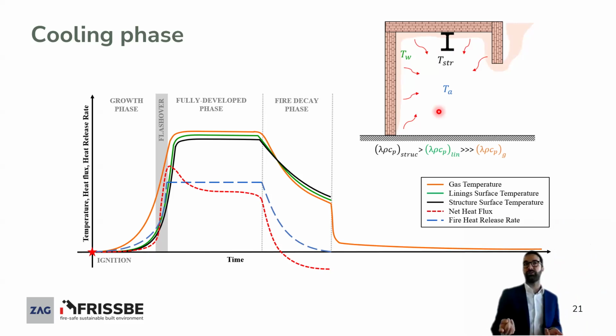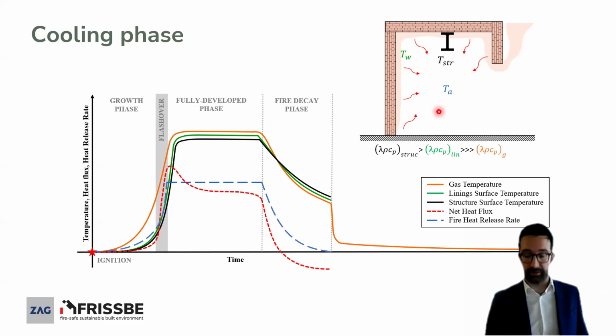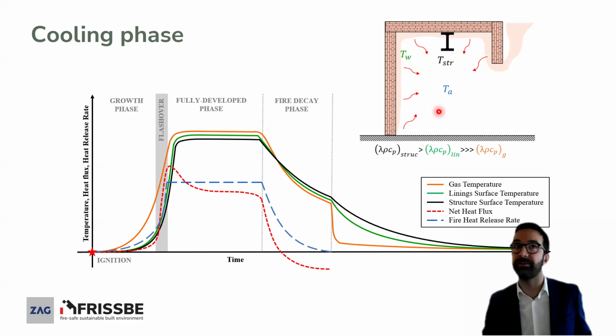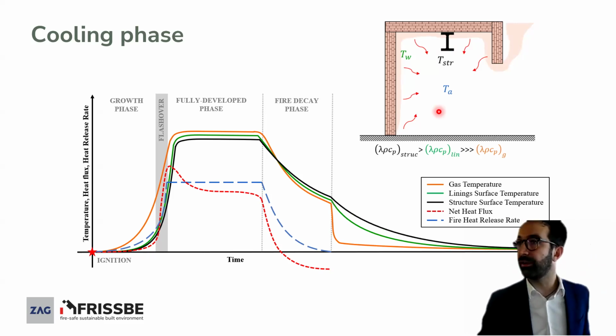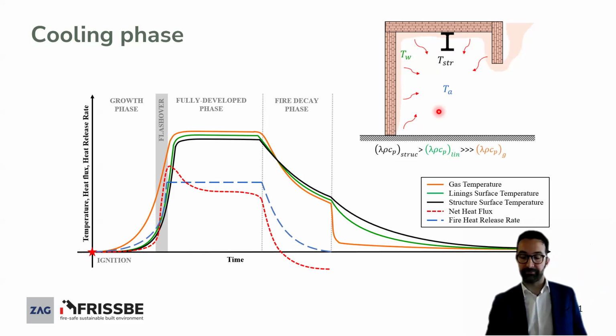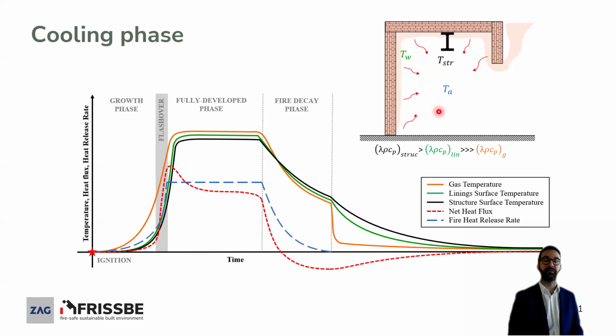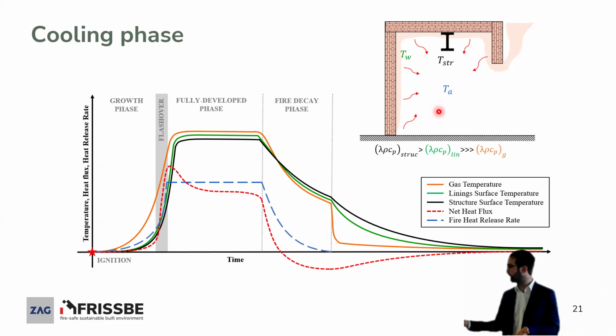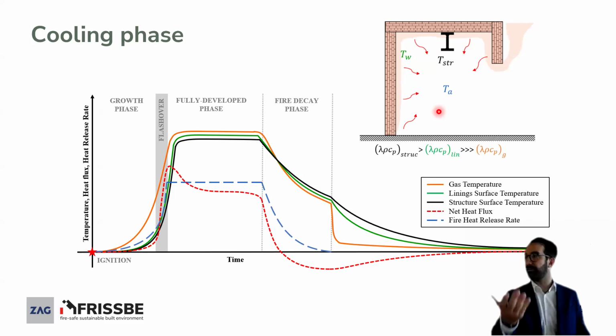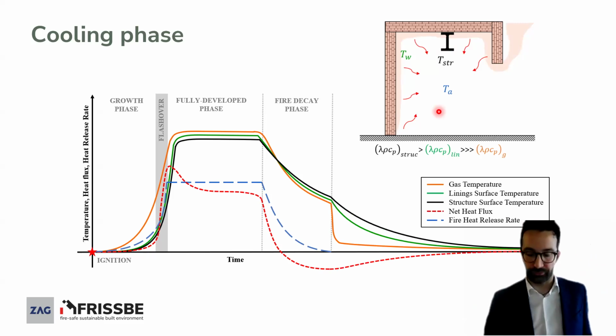Therefore, the gas temperature in the compartment gets to ambient very quickly. Again, depending on the inertia of the linings, the structure will take time to cool down depending on its thermal characteristics. And what you see is that the heat flux is negative, but at a certain point it goes back to thermal equilibrium until it goes to zero.